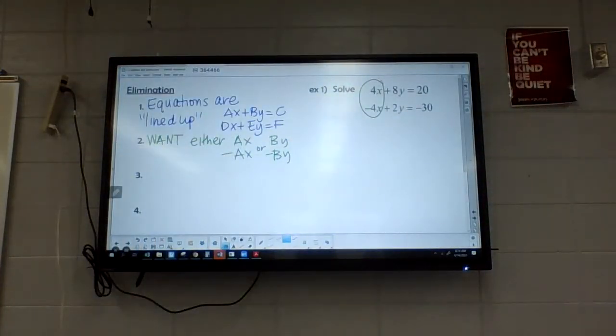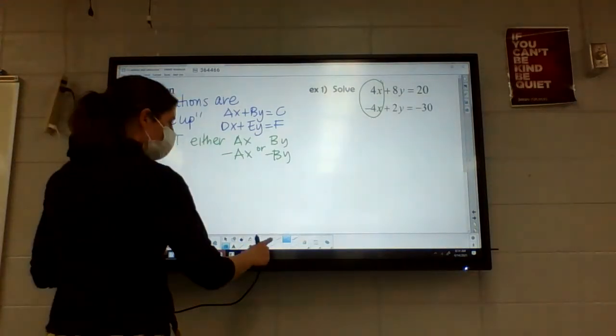That looks good. So what we get to do now is add or subtract these equations to make something cancel.